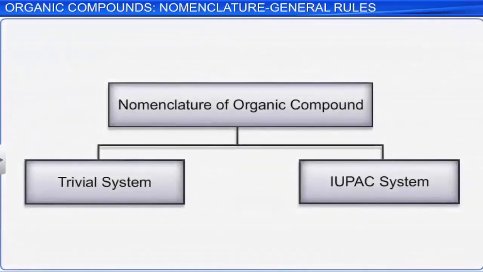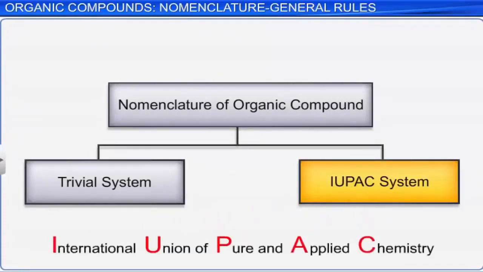Thus, in 1947, the IUPAC, that is the International Union of Pure and Applied Chemistry system of naming compounds, was first developed.